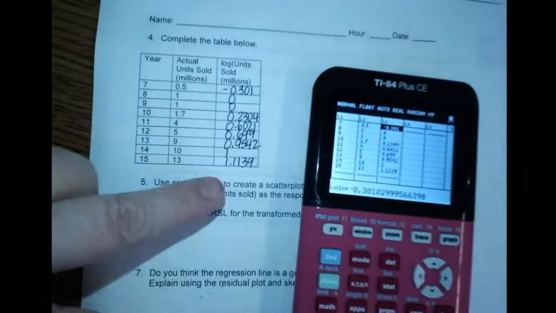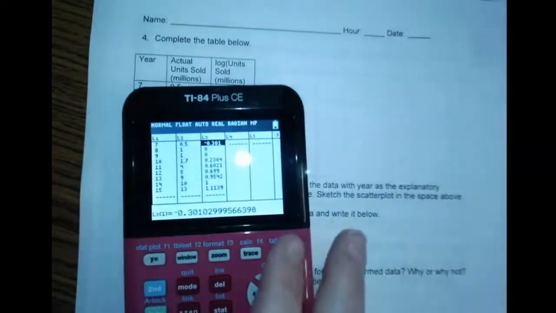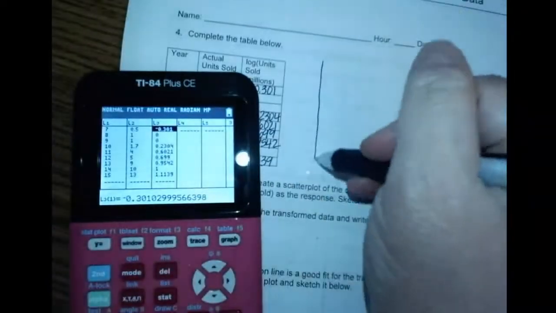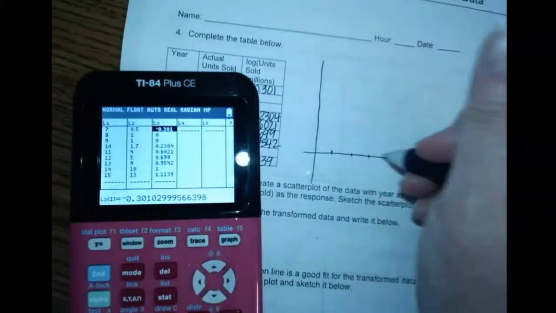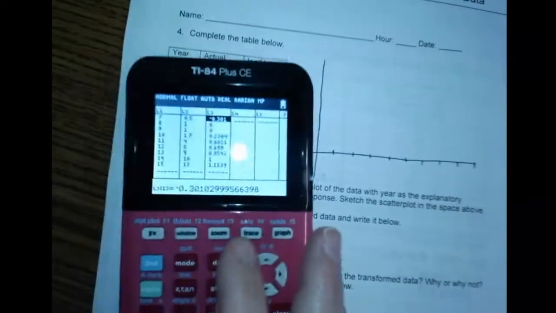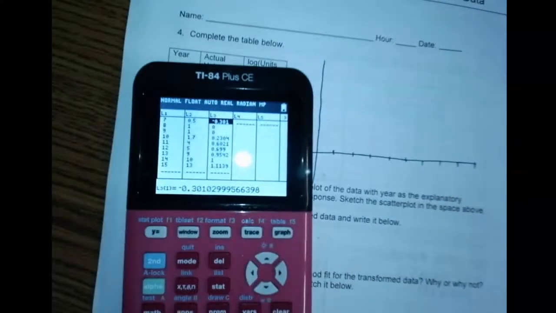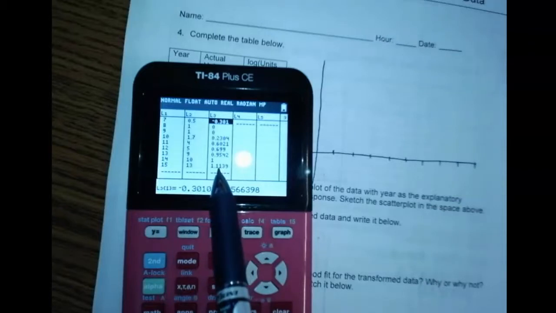Alright, so here I have this filled out. Now we're going to sketch the scatter plot. So we're still going to have our x and y axes, 7, 8, 9, 10, 11, 12, 13, 14, 15. Now, let's have our calculator draw the scatter plot for us. So what we're interested in is our x values, and we want our logged y values.